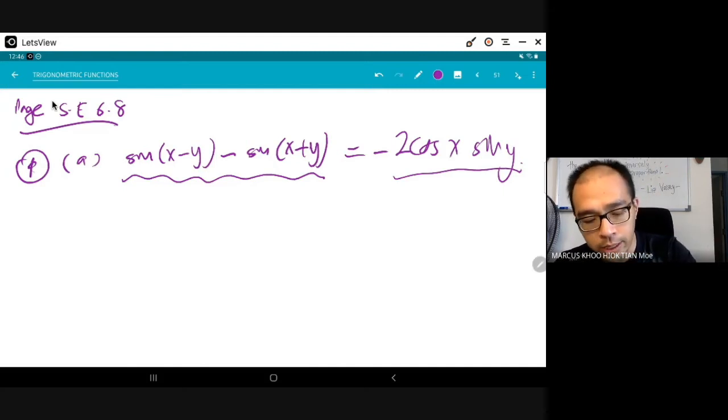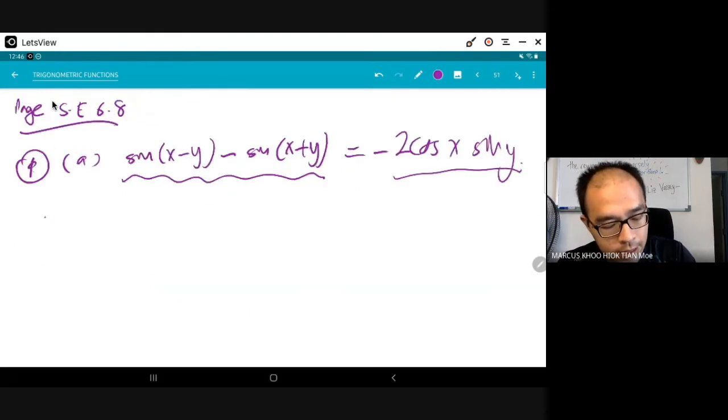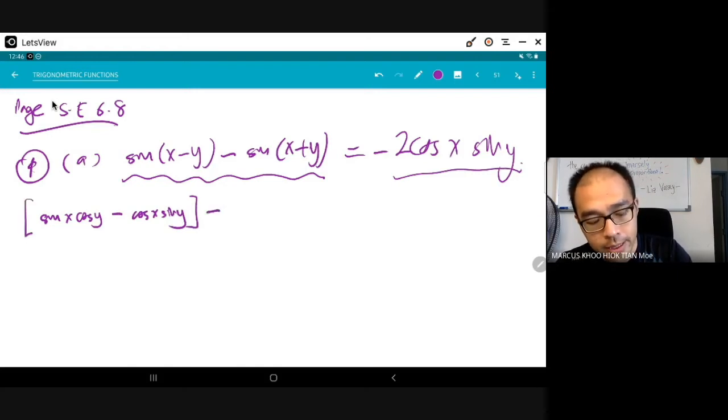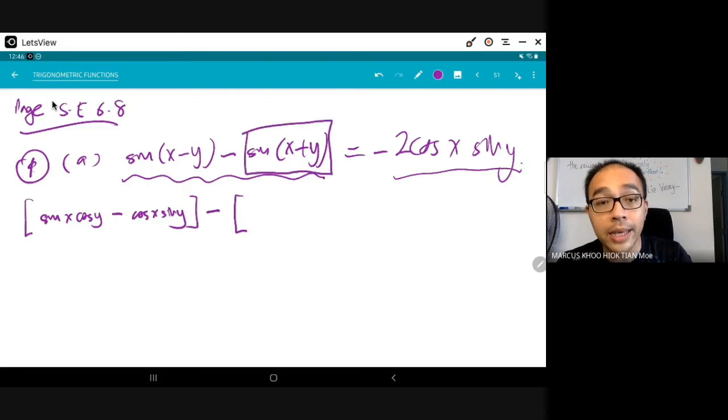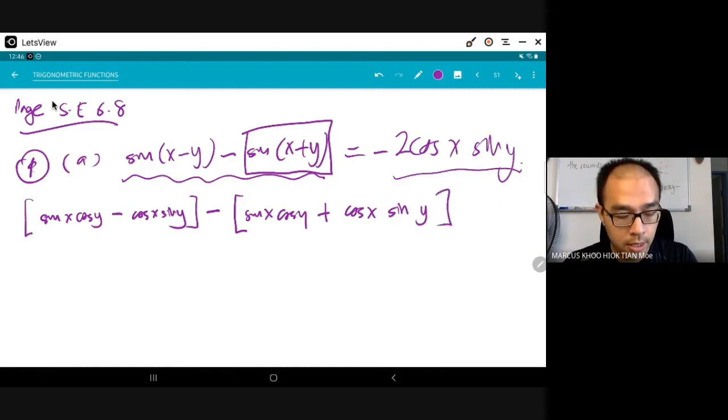Taking a look back at this, minus means we're following the red path. So we're going to have sine x cos y minus cos x sine y. This is set number 1, minus, then this is set number 2. Sine x plus y will be sine x cos y plus cos x sine y. So let's open the bracket.